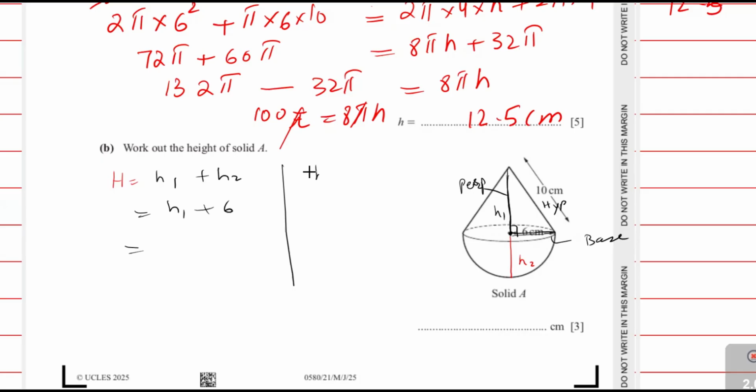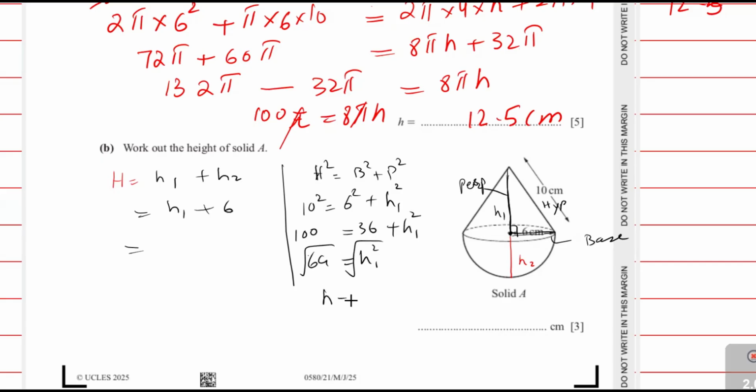Therefore, we write hypotenuse square equals base square plus perpendicular square, so 10 square equals 6 square plus h1 square, 100 equals 36 plus h1 square, and 100 minus 36 is 64. We take the square root on both sides, we get h1 equal to 8, plus 6. Therefore, the total height equals 8 plus 6, which is 14.